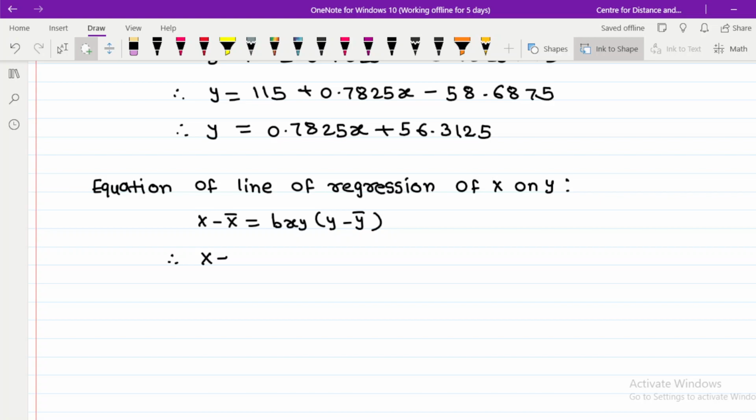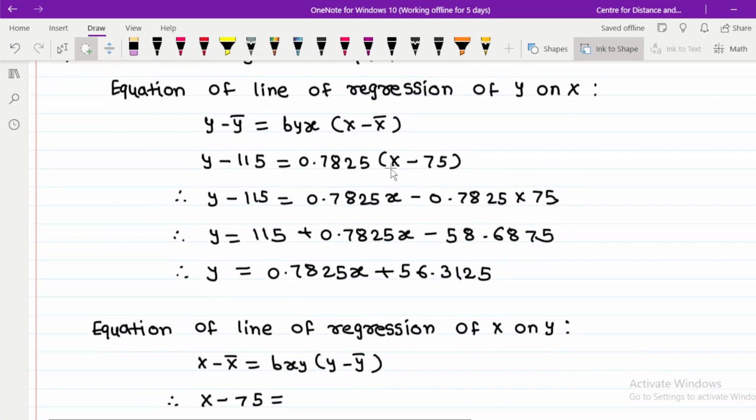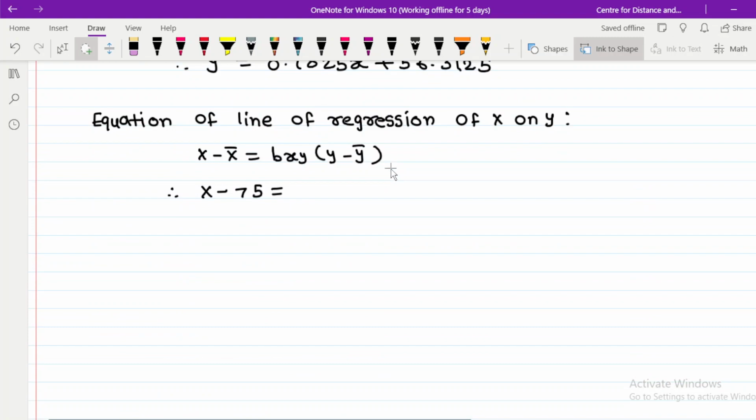Therefore, x minus 75, where the value of x bar is 75, is equal to 0.6516 into y minus y bar.